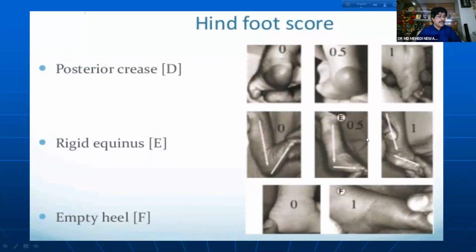If it is neutral, that is 0.5, and if it is from neutral to 15 degrees, it is 0. Empty heel is important: we extend the heel, and if it does not touch the calcaneus, it is 1, if deeply palpable, it is 0.5, and if easily palpable, then it is 0.